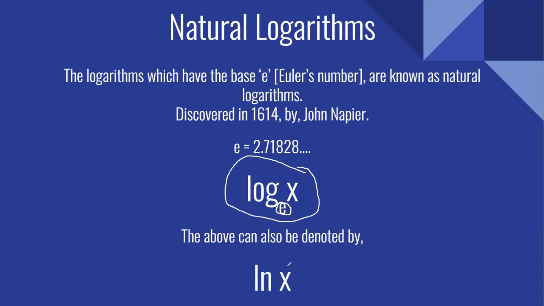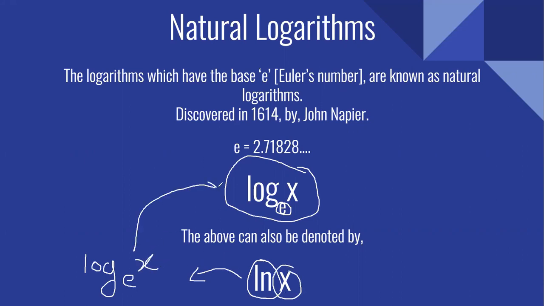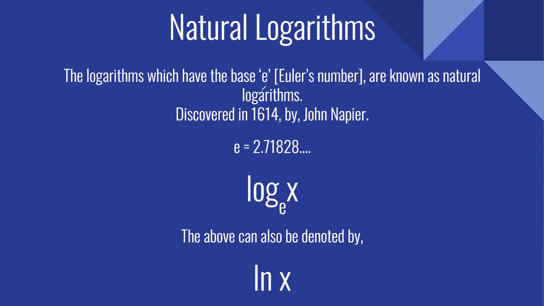So this logarithm is a natural logarithm because the base is e. And this can also be denoted by ln of x. ln basically means log to the base e. And then the x comes in, and therefore it becomes log x to the base e, which is the same thing as this. Now, another important thing to note is that there is a difference between Euler's number and Euler's constant.